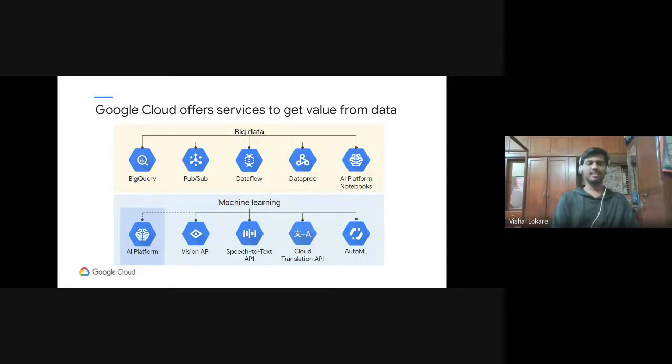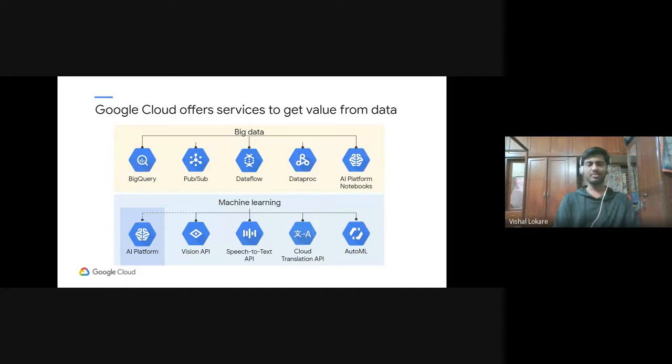Google Cloud also covers you in terms of big data and machine learning. This is actually from track two, but I've listed them down here. I will cover these in tomorrow's session, but I just wanted to show you the names of the services that Google Cloud provides.